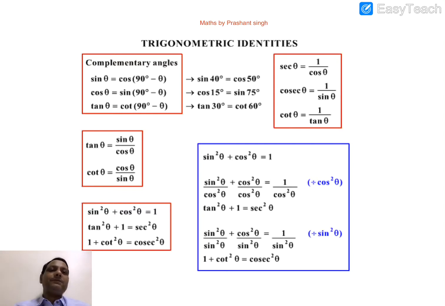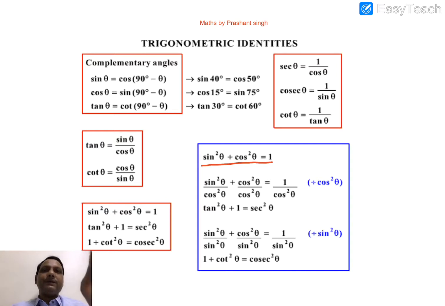In the last video, I told you there are so many formulas and we are going to use all of them. Basically, you all know the first trigonometrical identity: sine square theta plus cos square theta is equal to what? 1.